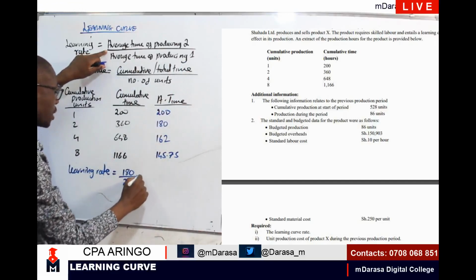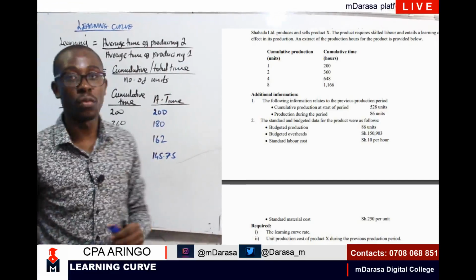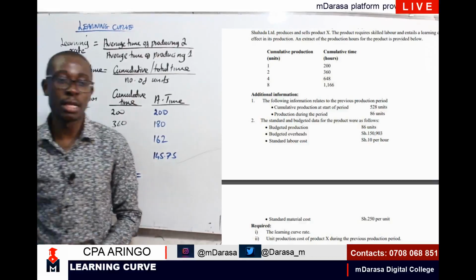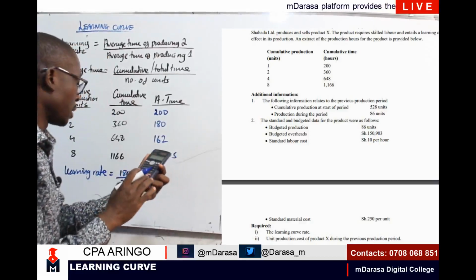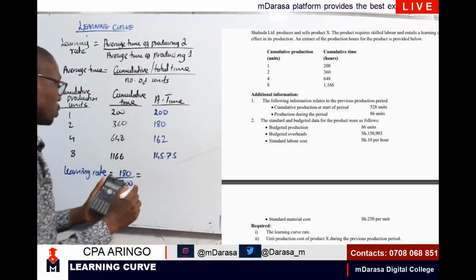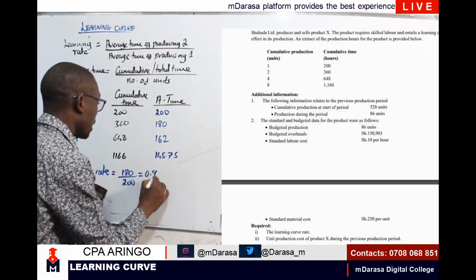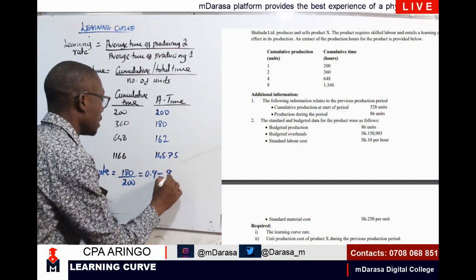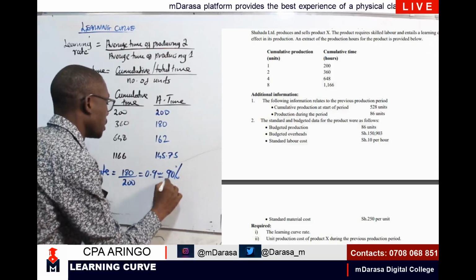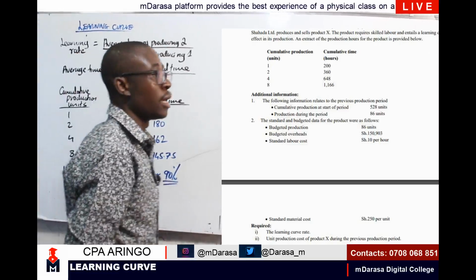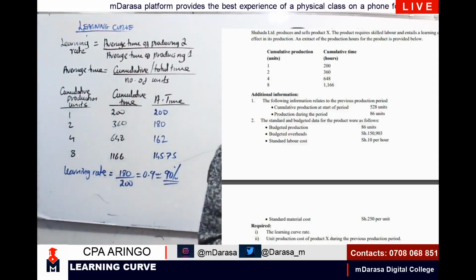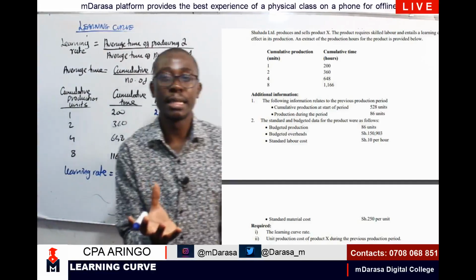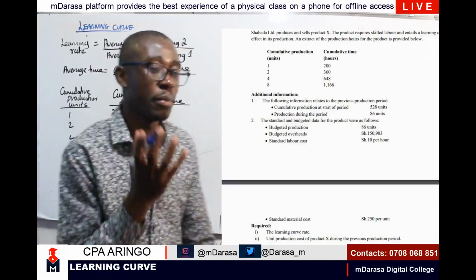That should give us 180 divided by 200, which is 0.9. In that case, we can translate it to 90%. So confidently, we can agree and say that our learning rate is 90%.